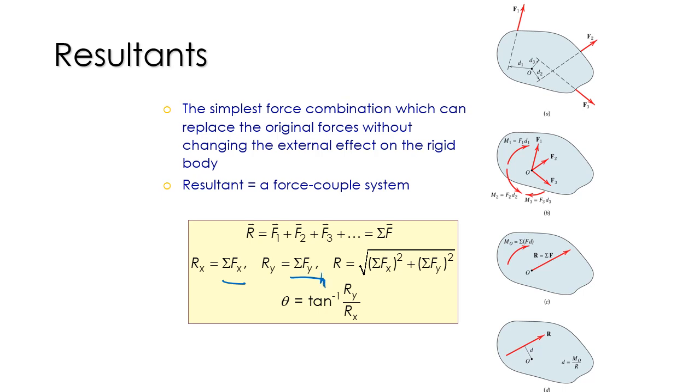And to get the resultant force R, we have the square root of the summation of Fx squared plus the summation of Fy squared. Then the angle is equal to arctan of R_y over R_x.